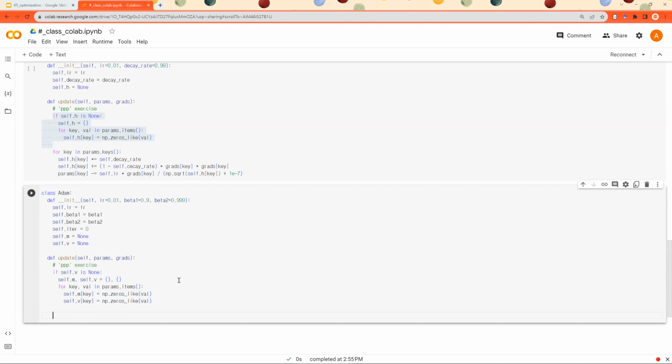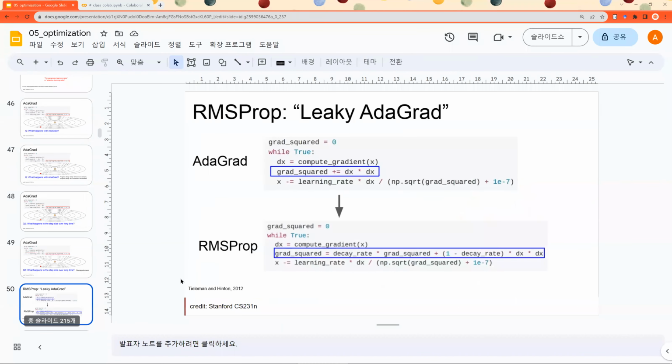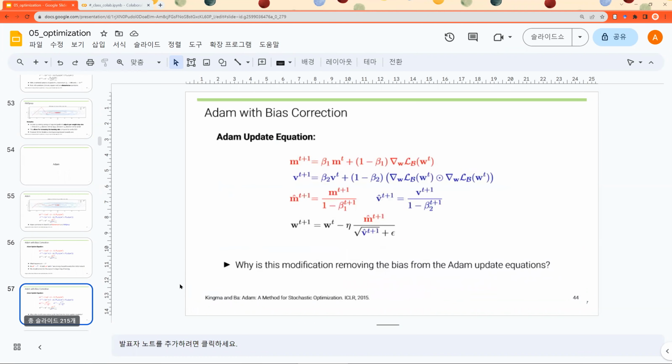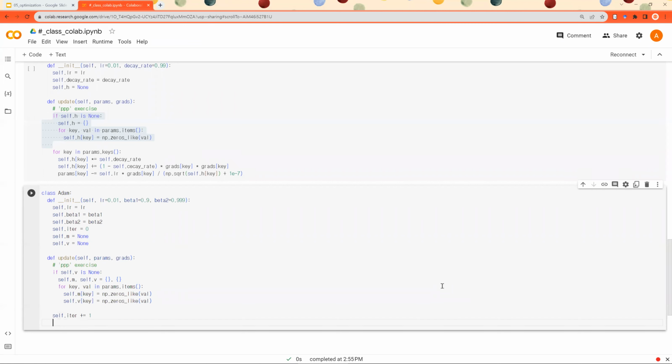And here, for Adam, there are many formulations to implement this equation, and I'll show you another one in this implementation. First, we need to increment the number of iterations we've done.